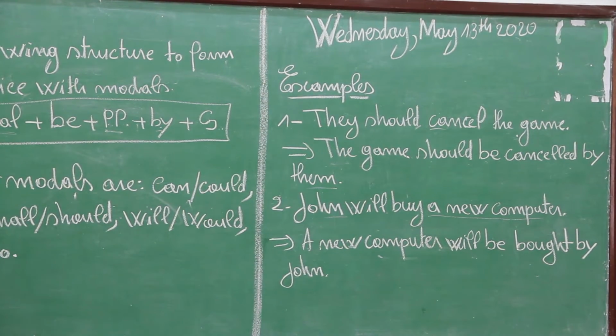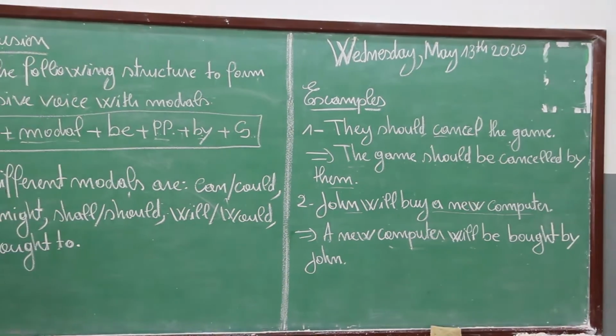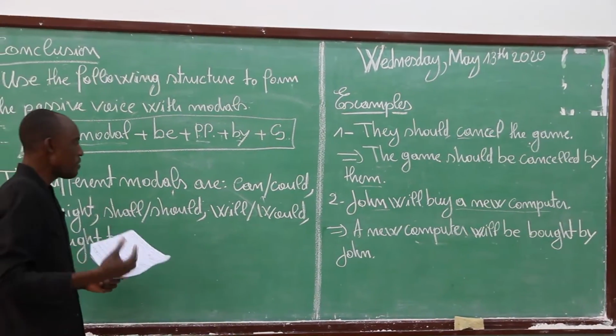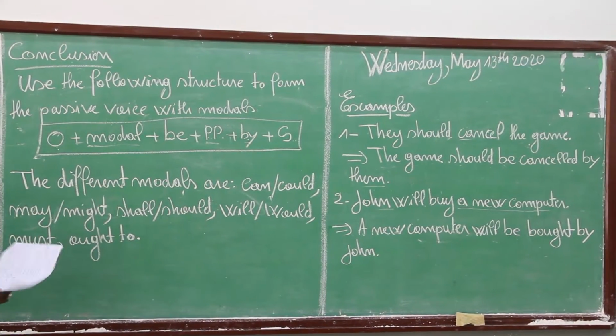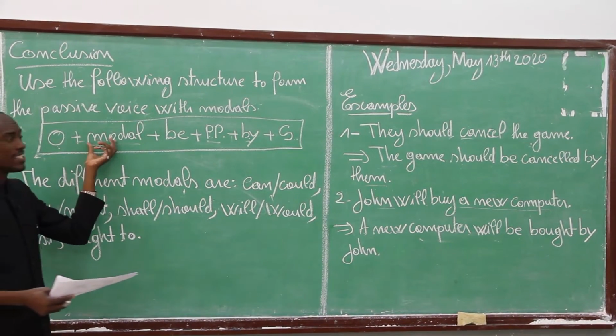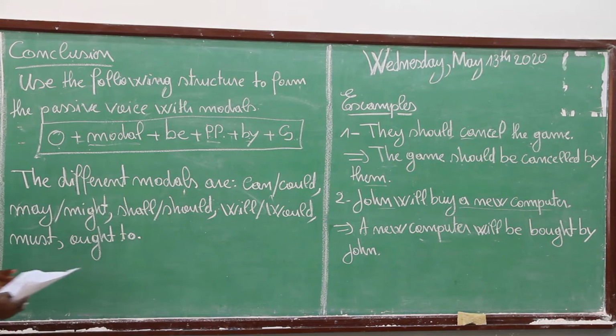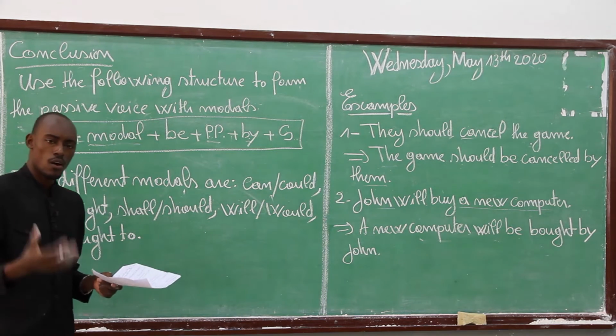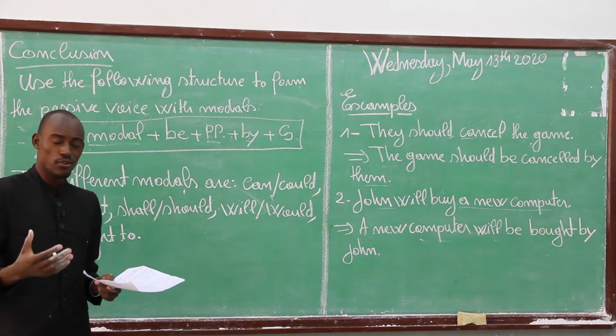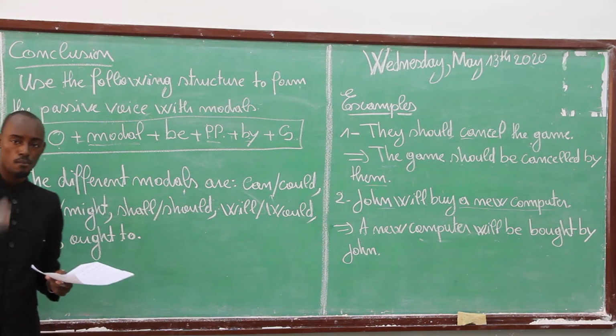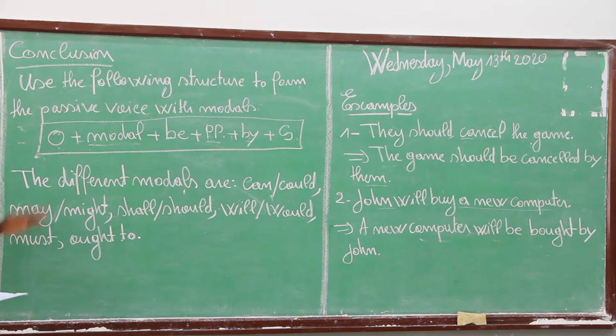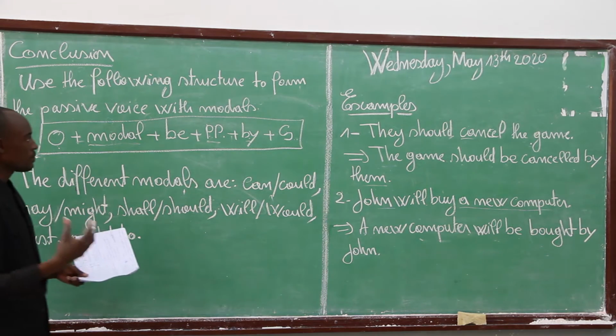This is modals in passive voice. Use this structure when you deal with modal verbs in active voice. Passive voice with modal verbs: you use this structure, object plus modal plus be plus PP.